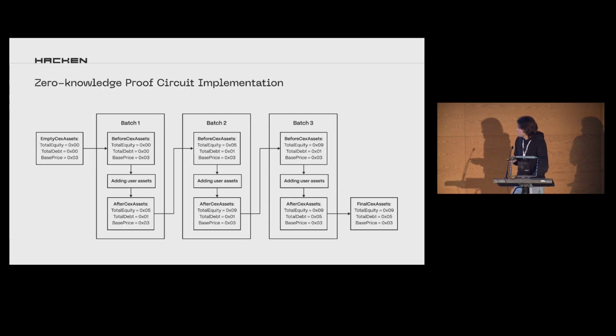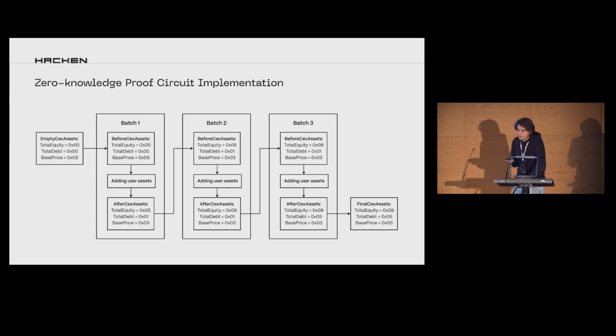The first thing they did was to split the users into batches. Instead of calculating a proof for 50 million users, they create a proof for every 750 or so users. They connect one batch to another, and at the end they receive the final assets and final Merkle tree.